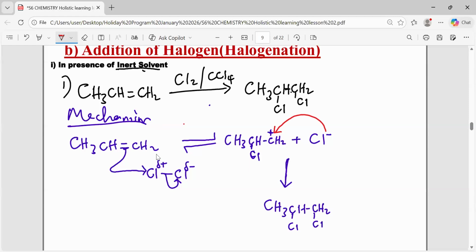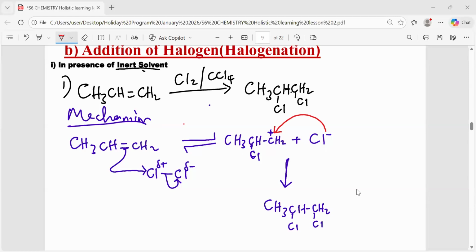Anyone with a question? I believe since we know this, what if someone at the first point put this chlorine on the first carbon atom? Ruth? Yes, teacher. If that chlorine was put on the first carbon atom, then for propene the positive charge would be on the second carbon atom.